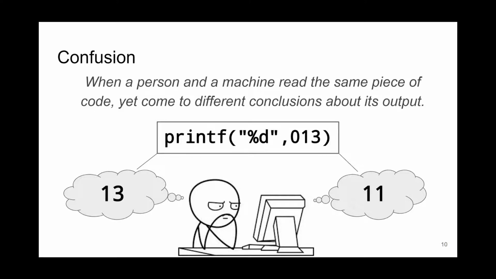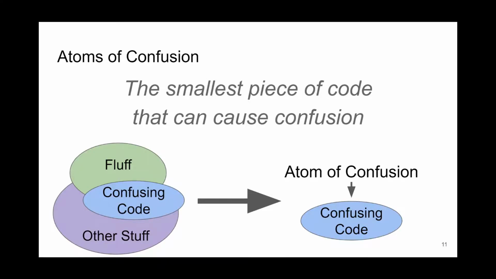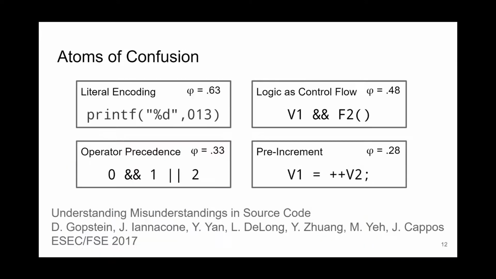And specifically regarding that, we were investigating what we called atoms of confusion, which are the smallest possible piece of code that contain that kind of confusion, that can cause programmers to misunderstand that code. So with those types of atoms of confusion, we were able to identify around 20 different small patterns in code that we believed would regularly confuse programmers.